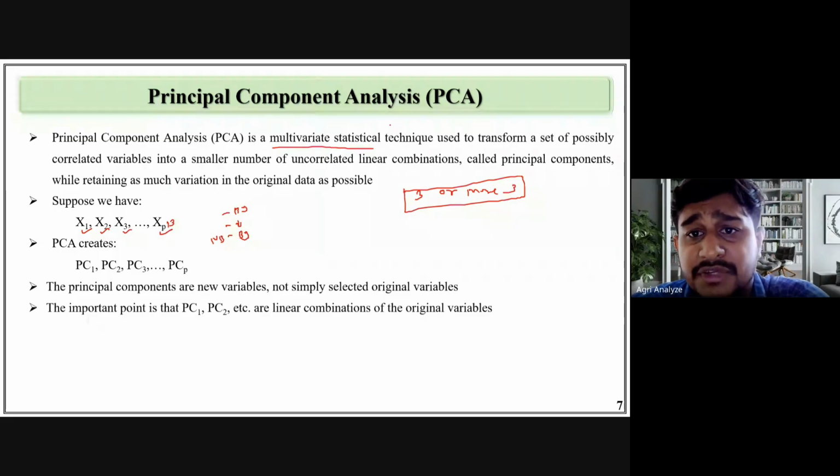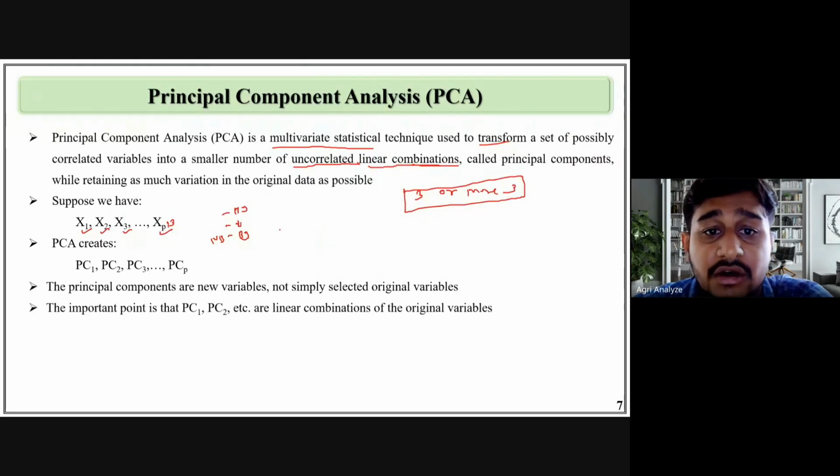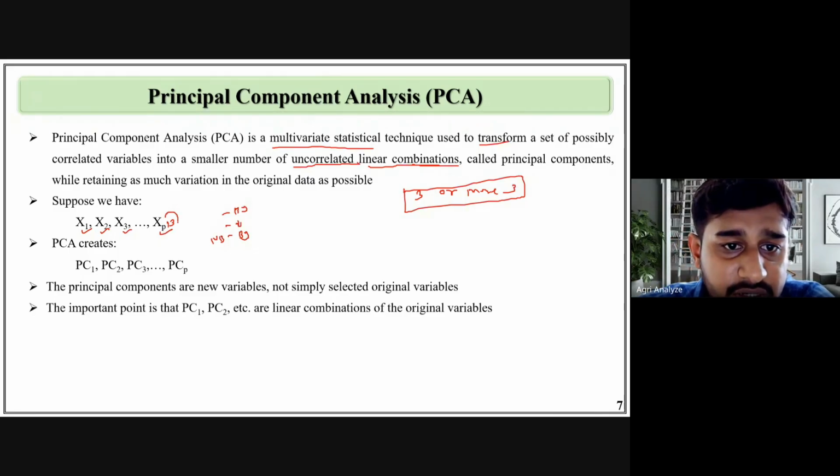So principal component analysis transforms a set of possibly correlated variables into a smaller number of uncorrelated variables, uncorrelated linear combinations. Why is it a linear combination? We will see in the next slides. Here we have 13 variables of our agricultural data, so they transform into 13 PCs. All 13 principal components are uncorrelated with each other.